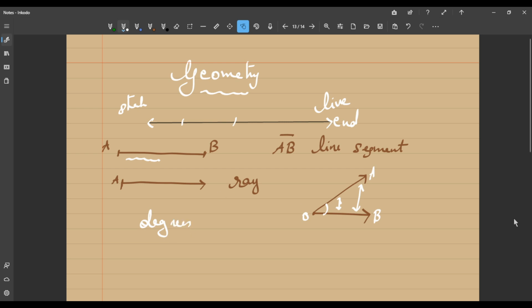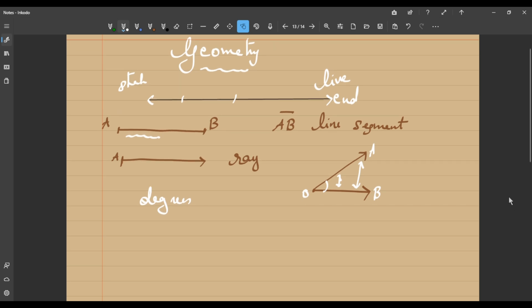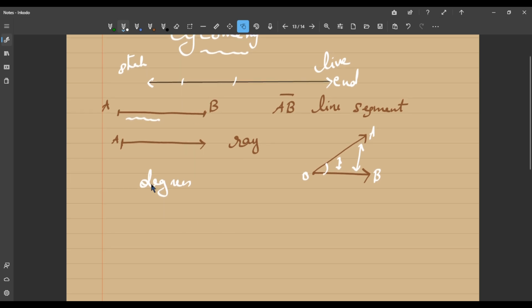Now, what is a degree? How is a degree defined? So, we will have to go to a full circle in order to look at the definition of a degree. So, this is a circle, and the angle around the center of the circle is said to be this angle.